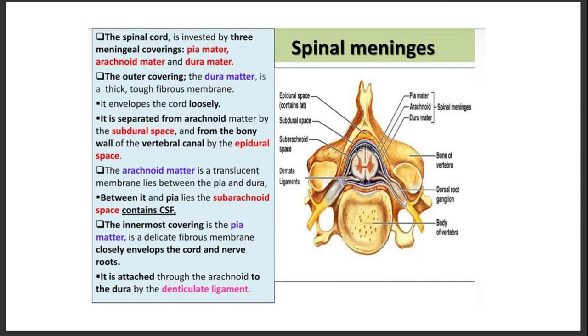After the subcutaneous tissue, I've got the supraspinous ligament, then the interspinous ligament, and then the ligamentum flavum. After you penetrate those, you have the epidural space, and then you penetrate the dura, and then you enter the arachnoid mater, and then the subarachnoid space.